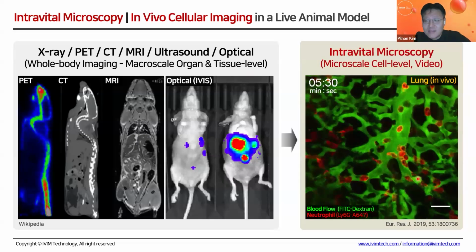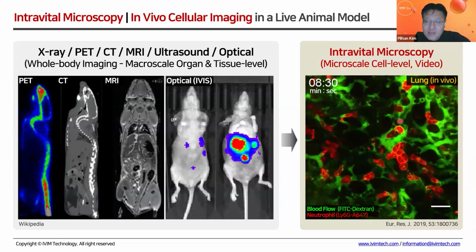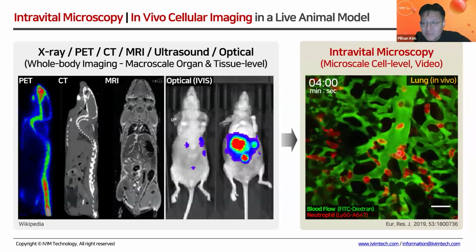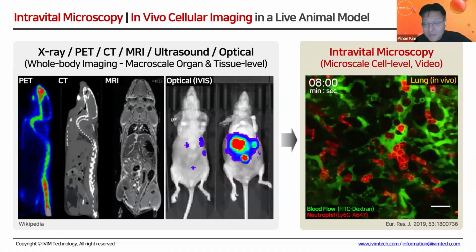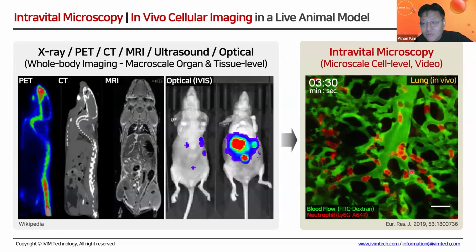their interactions in their in vivo microenvironment, as you can see in these images. In this particular example, we are looking at the blood flow in green fluorescence. You can nicely see this blood flow in the lung of a live mouse model, and in that color we are also looking at neutrophils.